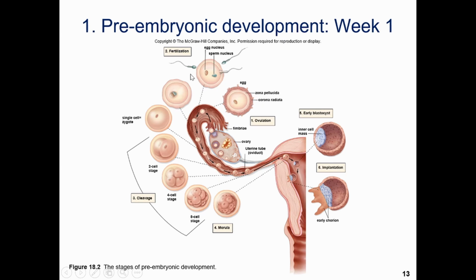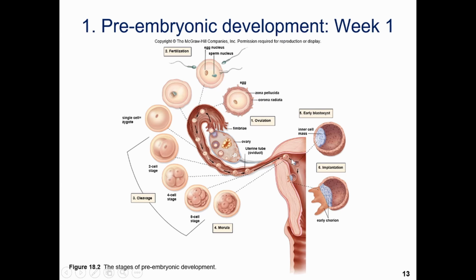Throughout this pathway, as we've gone through cleavage and become our early blastocyst, we're traveling from the oviduct and traveling towards that uterus. So fertilization actually happened way up here. It did not happen in the uterus. We've traveled, and finally, once we've become that blastocyst, we can implant ourselves into the side of that uterus, into the wall, and form the early chorion.